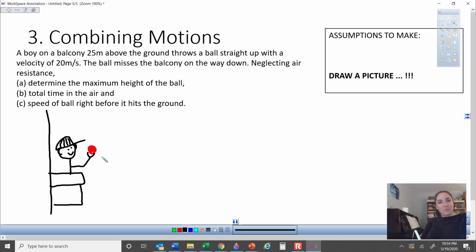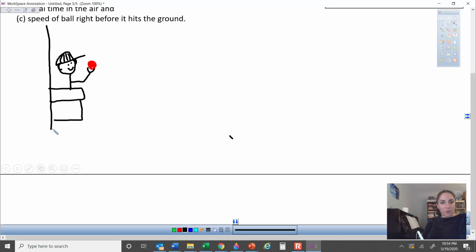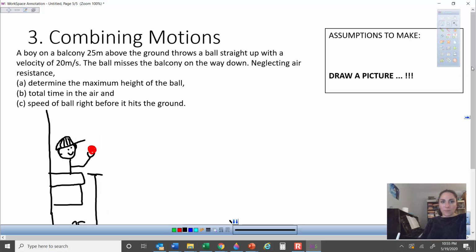Okay, so we have the boy in the building. In fact, we should make it a little taller, because we know the balcony is 25, and this distance is so small, so let's pretend that's part of the distance. We know the balcony is 25 meters tall. The boy throws it up at 20 meters per second.